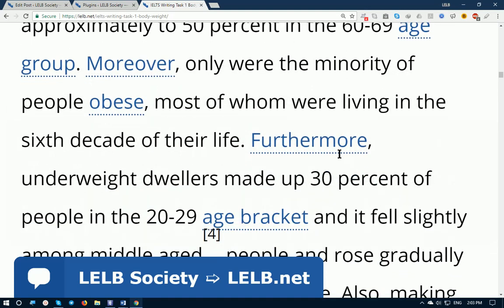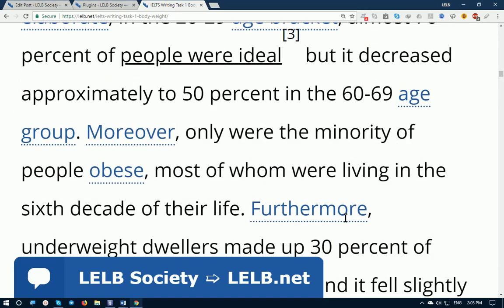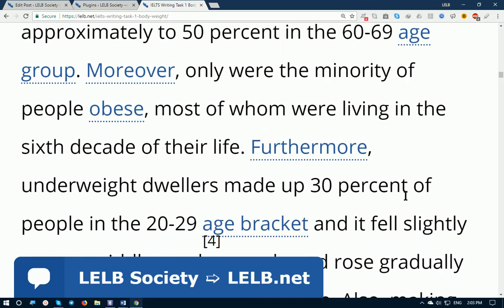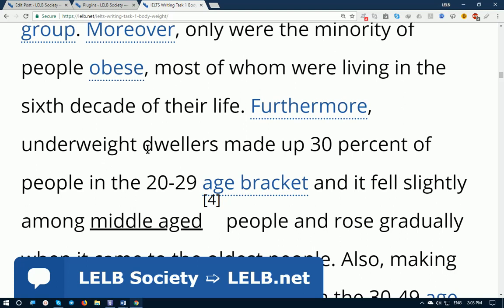Furthermore, again, furthermore means in addition. Furthermore, underweight dwellers or citizens of Charlestown made up 30% of people in the 20 to 29 age bracket, and it fell slightly among middle-aged people.